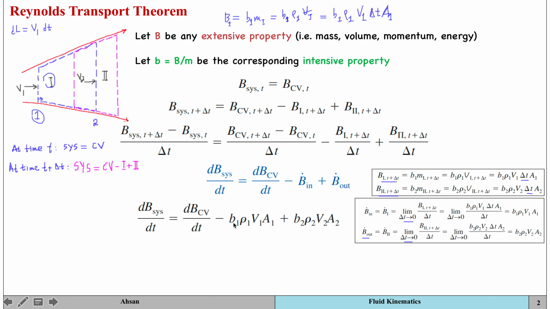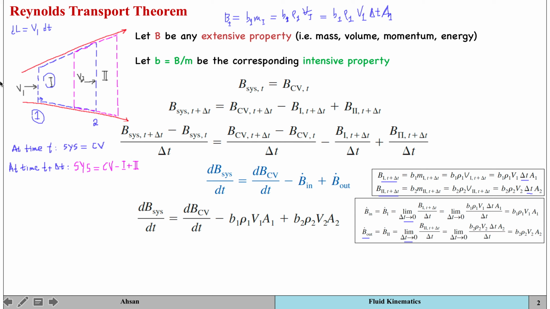And now the thing is though that the influx here, B dot in, and the outflux B dot out of property capital B are easier to determine in this case, because obviously there's only one inlet and one outlet. And other than that, the velocities we are approximating as normal to the surfaces at section 1 and 2. But in general, we could have more than one inlet, more than one outlet.